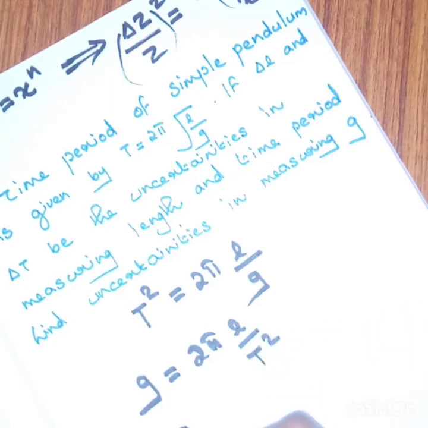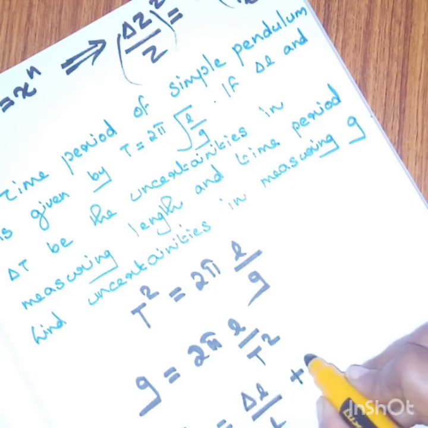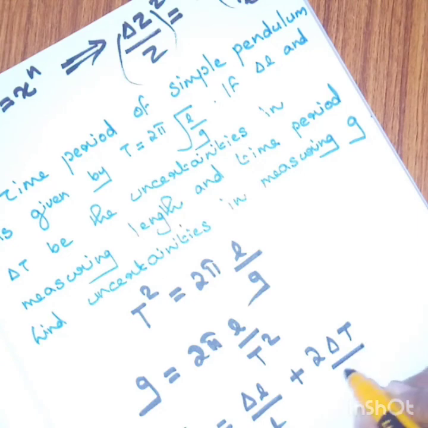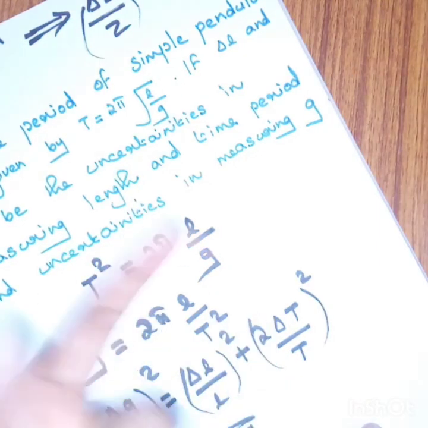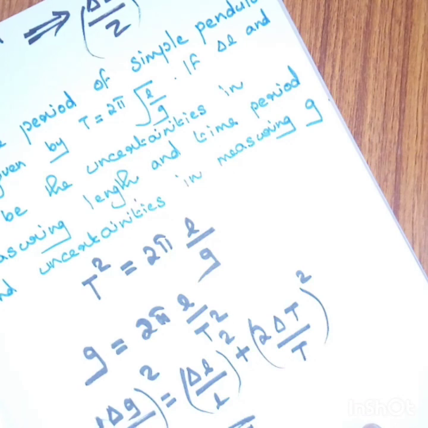Then delta g by g is equal to delta L by L plus 2 delta T by T. Here we ask for the uncertainties, that's why square each term. Okay. Once again, only given quantities must be used to solve an equation because error is in measurement.